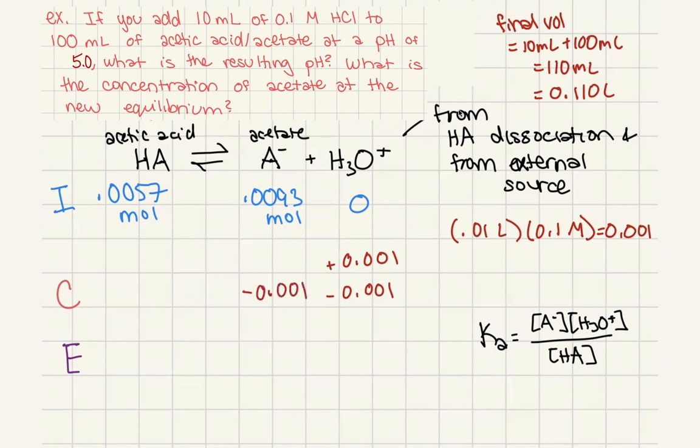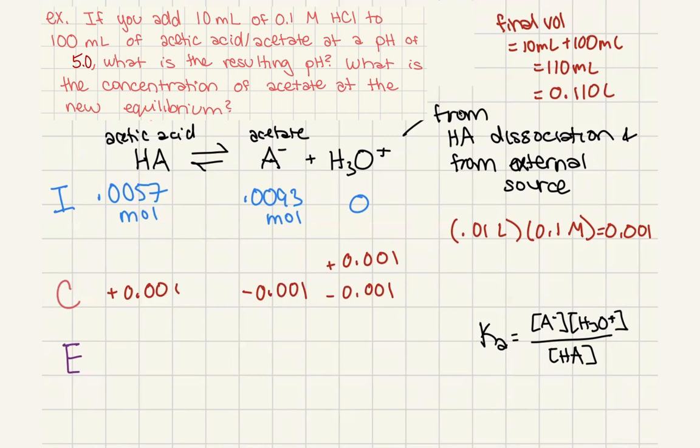But when they react, we're forming more acetic acid, so this is going to be a plus 0.001. So all of that is going in, reacting with our acetate to form more of our acetic acid.